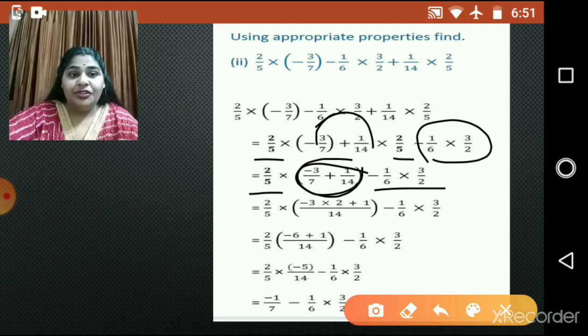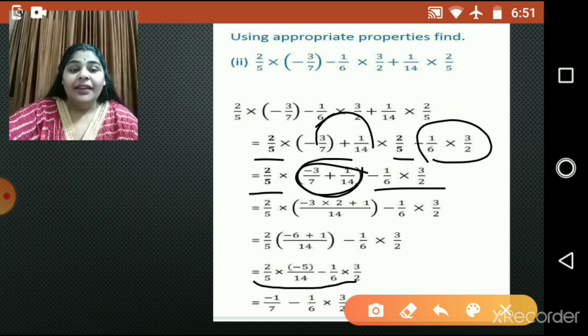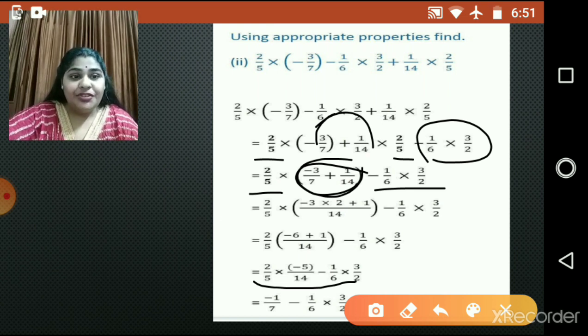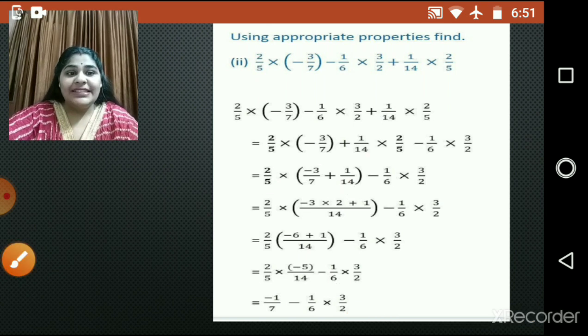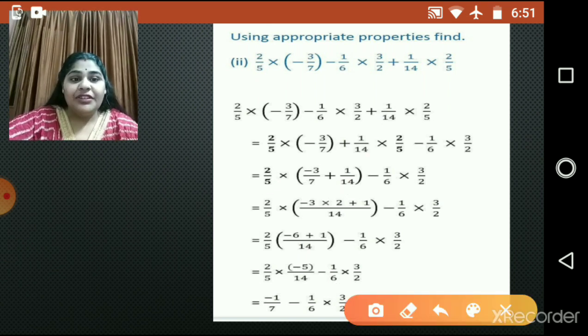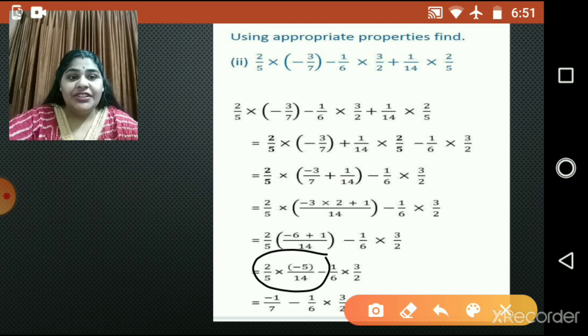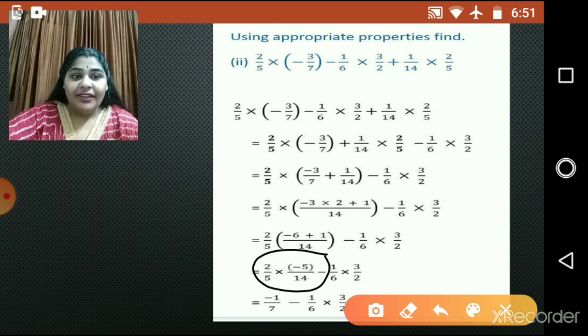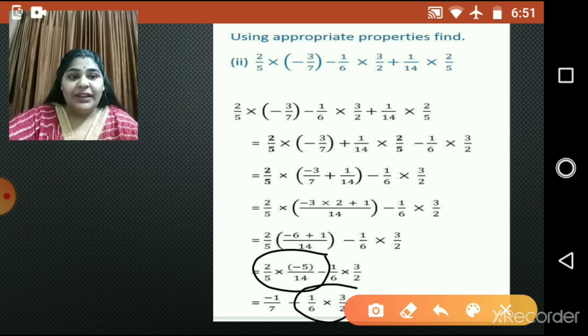Now you will get here 2 upon 5 multiplied by minus 5 upon 14, minus 1 upon 6 multiplied by 3 upon 2. Now you can see here, children, after solving this multiplication, you will get minus 1 upon 7 and minus 1 upon 6 into 3 upon 2 as it is. Now we can solve this multiplication.